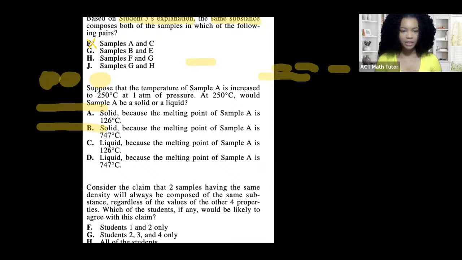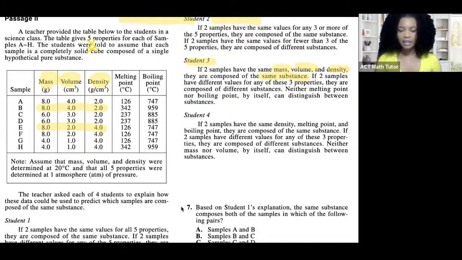Let's try H. H is F and G. Samples F and G. Did you notice there are a lot of letters to keep straight in here? There might be intentional confusion they're trying to cause. Right, so F and G do not match. That's not it.